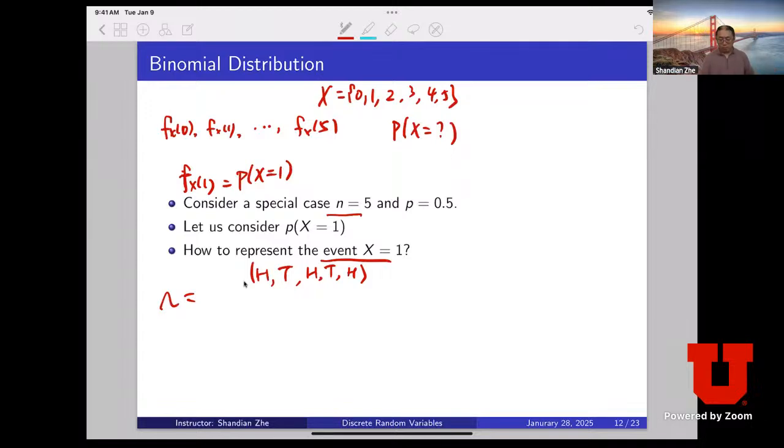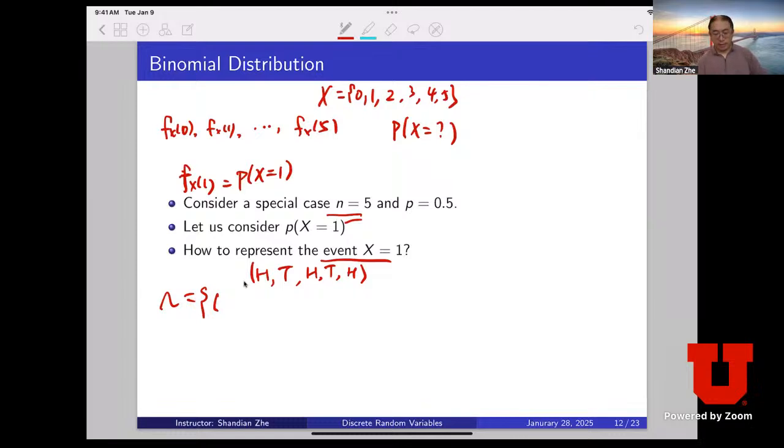Okay, then more formally, we should represent the sample space as a sequence of 5 binary results, because here we just take n as 5, meaning you flip the coin 5 times. So each sequence should contain 5 binary outcomes. The sample space includes all combinations of 5 possible sides you have seen through the trials.